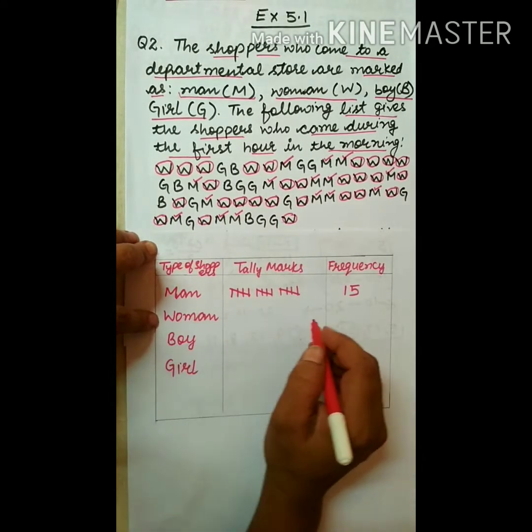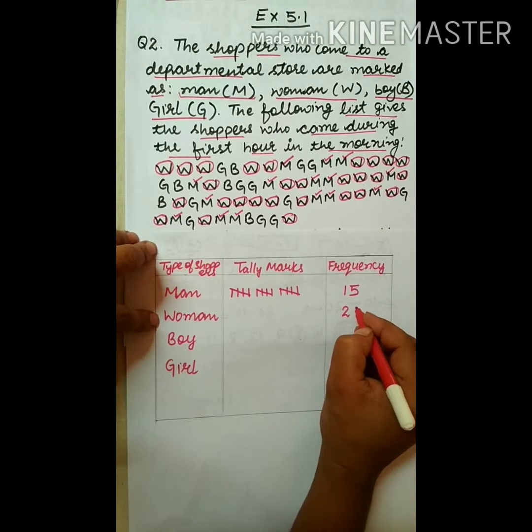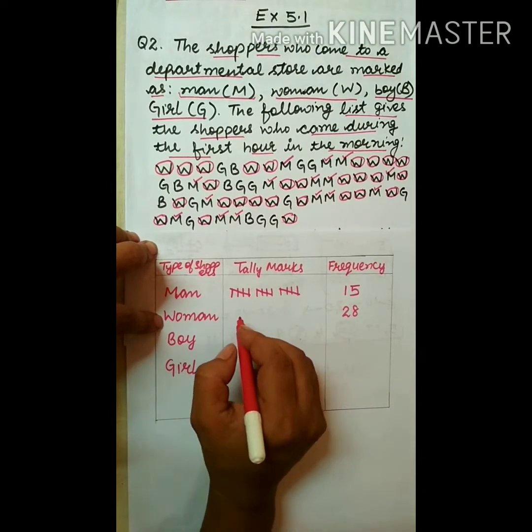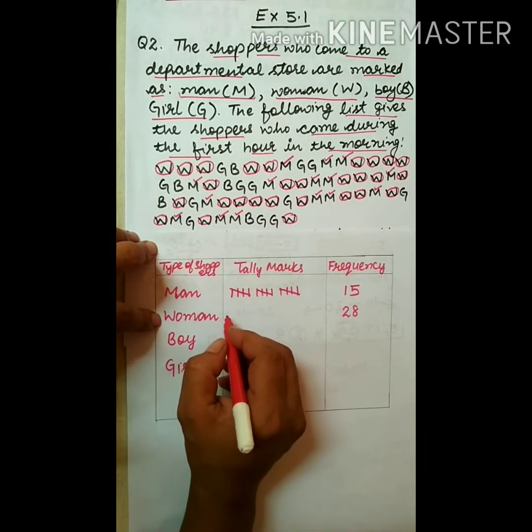It means 28 women came to the departmental store. So I will represent 28 in terms of tally marks.